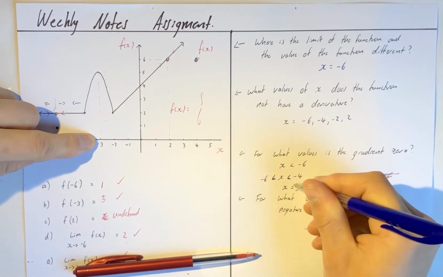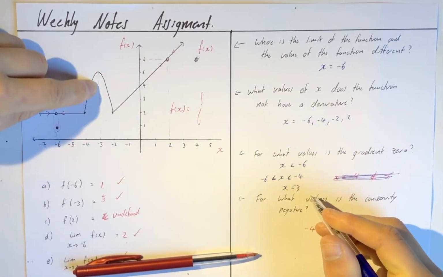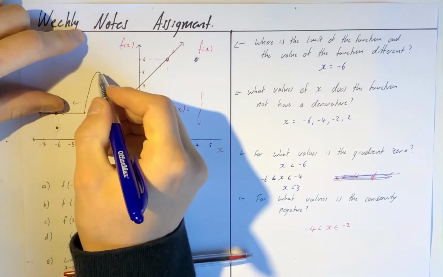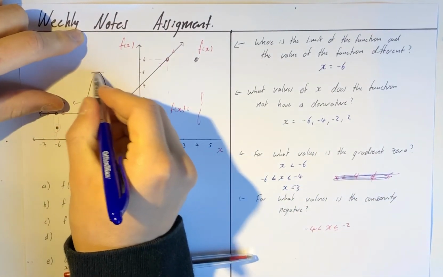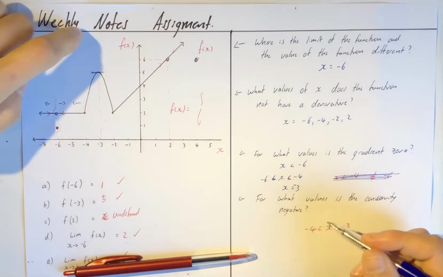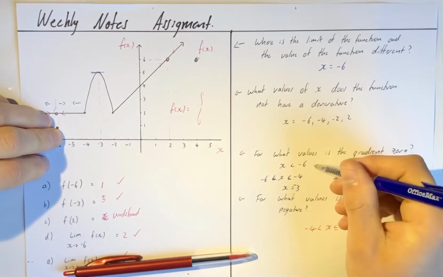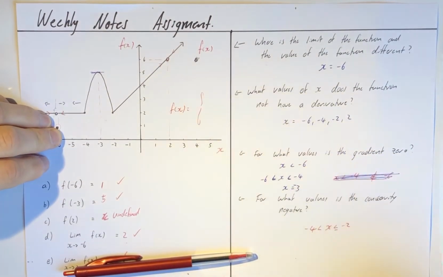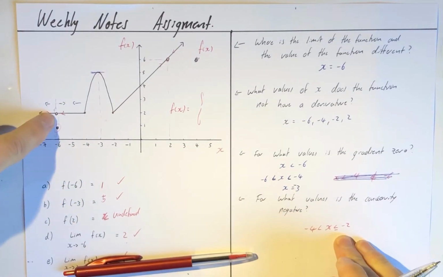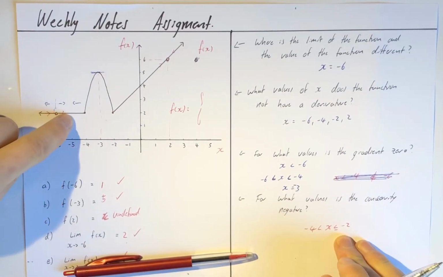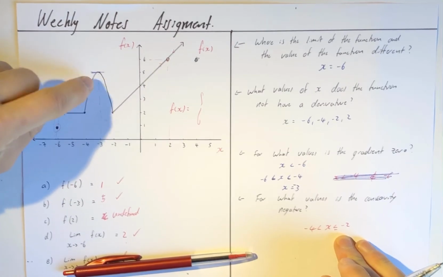That is because we have a maximum here. So if I was to put a tangent line on that, the tangent at that point would be 0. So there's 3 parts to that. When x is less than -6, when x is greater than -6 and less than -4, and when x is -3.